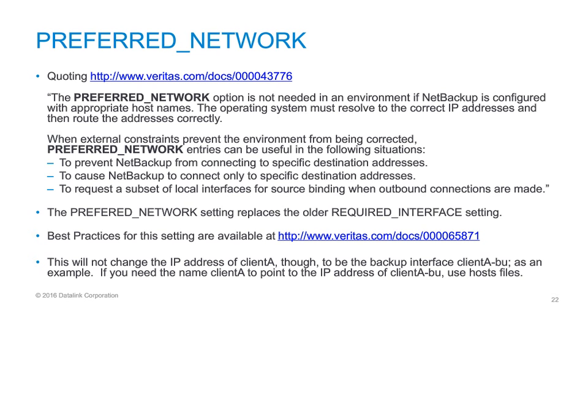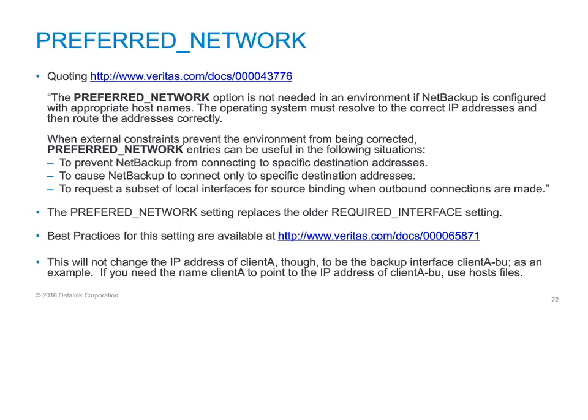If you copy down that link and go to the tech note at Veritas, that will lay out exactly what the preferred network setting does and best practices for it.